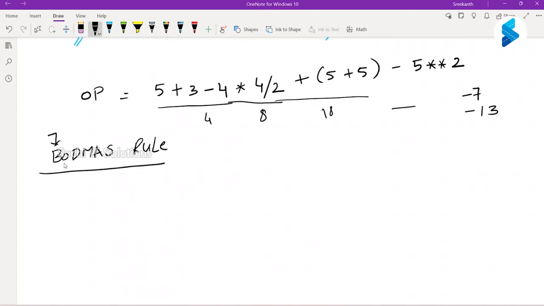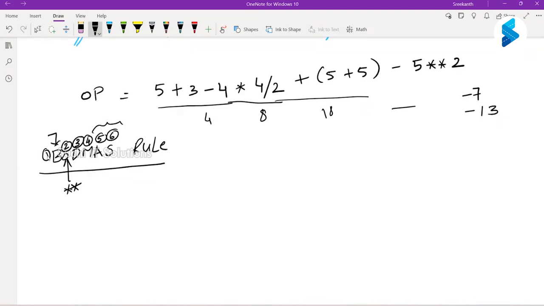The order is basically the power. So the one with double star which we have used, the exponent, is second. Third is division, fourth is multiplication, and addition and subtraction go by the same order.